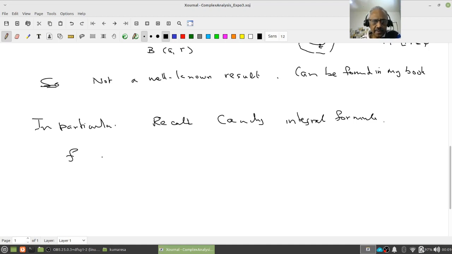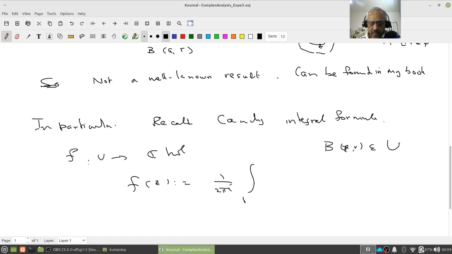If f is holomorphic and if the closed ball is contained in some open set U, where f is holomorphic, then for every z, f of z is given by 1 by 2 pi i times the integral over gamma r, where gamma r is the circle R e to the power 2 pi i t, t between 0 and 1, of f of w by w minus z.